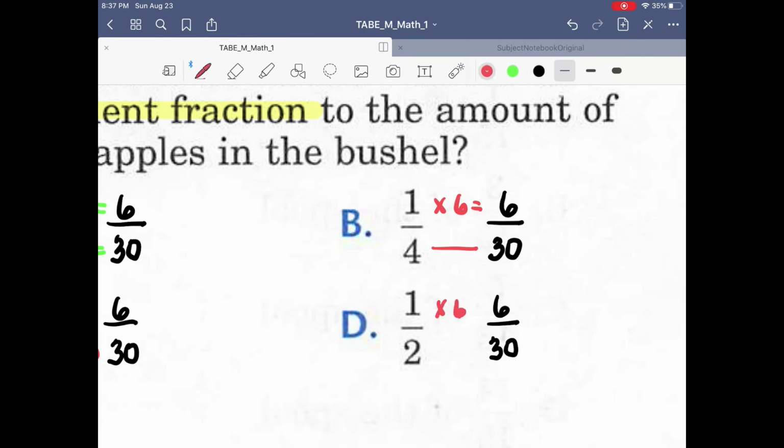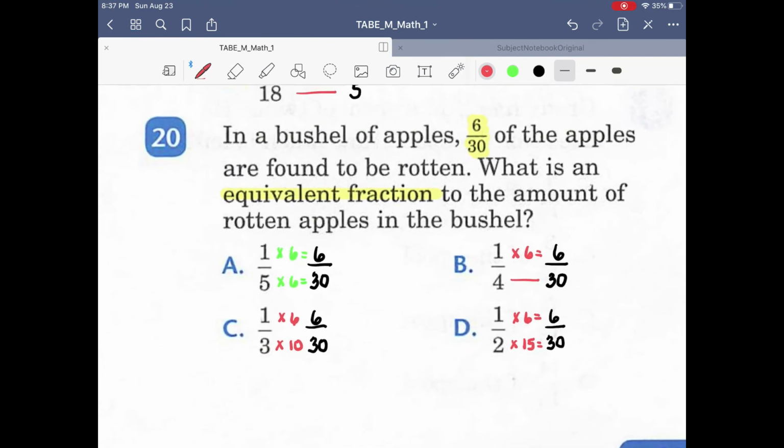Same thing here. I can get it to work for sure. 1 times 6 is 6. 2 times 15 is 30. But we need those to be the same, top and bottom. So the answer to this one, number 20, is A.